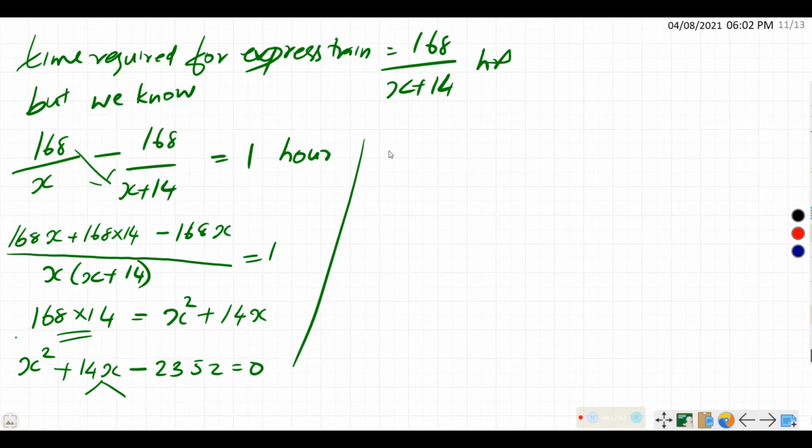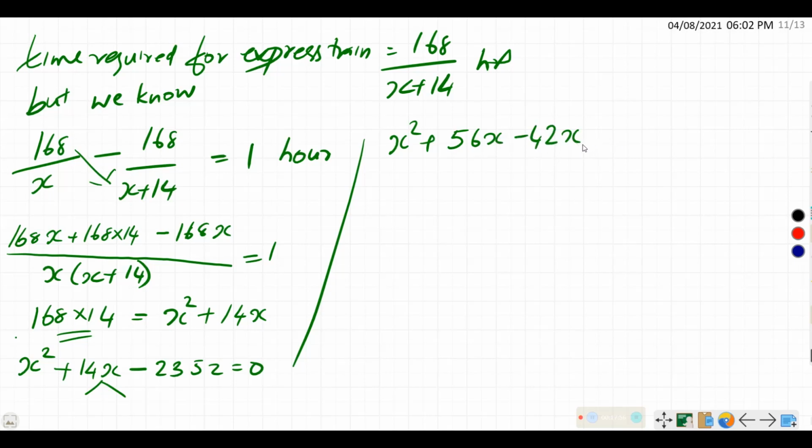We will write x square minus 2352. Okay, got it. x square plus, instead of 14x, we will write the split of it, 56 and 42, correct. 56 and 42 will help us to solve it. We need 14x, so we will write 56 positive and negative 42.